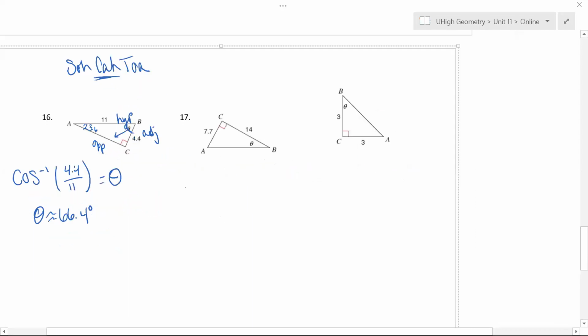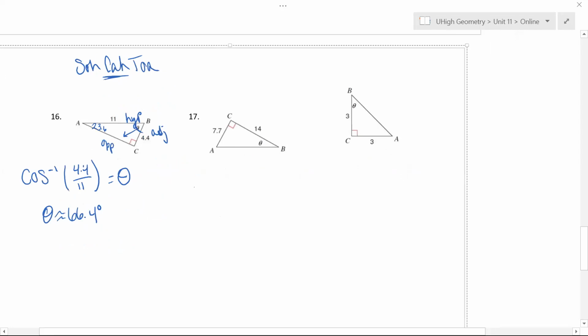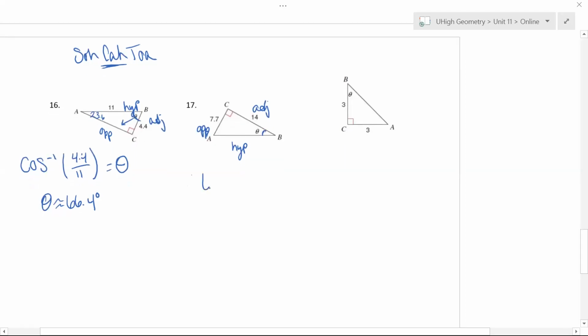I'm going to do one more with the inverse trig, just because I feel like this is one of the more tricky ideas. So, angle B is my theta. I'm given CB and I'm given AC. So, opposite of my theta is AC. My hypotenuse is AB. So that means CB is my adjacent. So it looks like I am given my opposite and my adjacent. So opposite over adjacent is tangent.